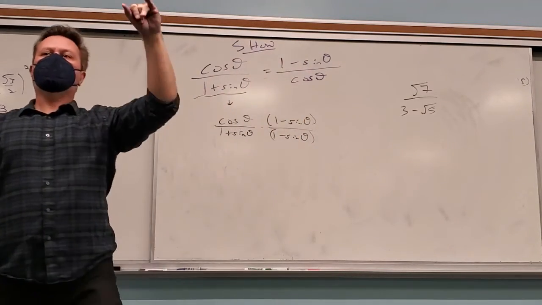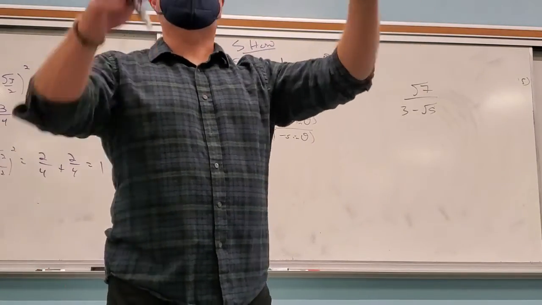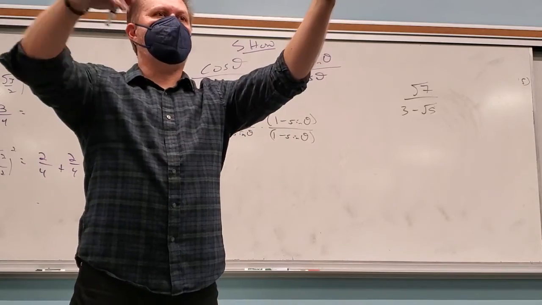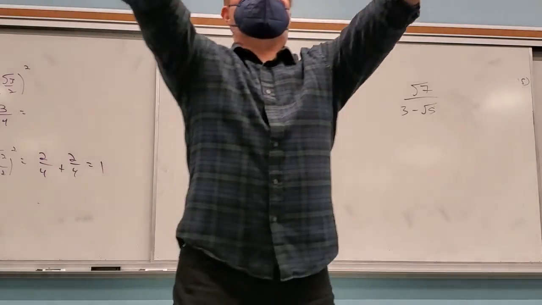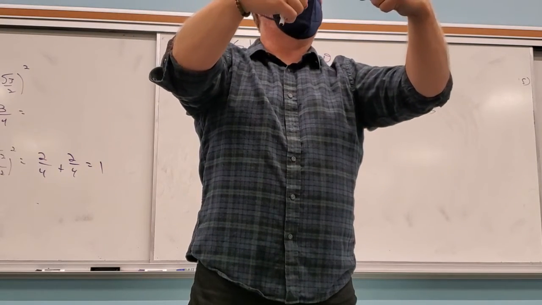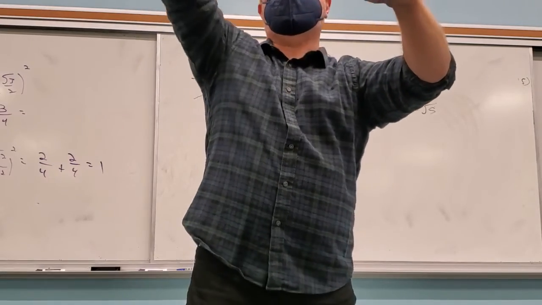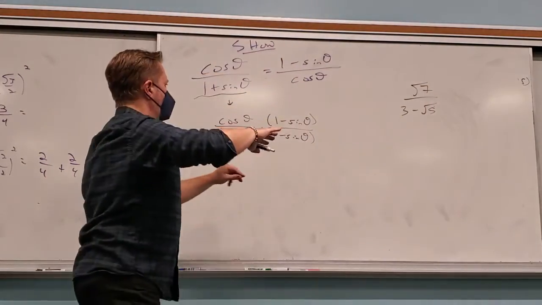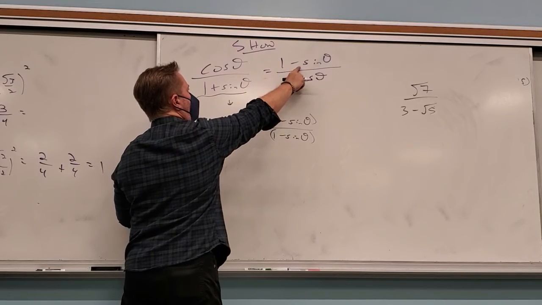So the whole point of verify identity problems is to start with one side and make it look like the other side. Now you could actually work with both sides and hope they meet somewhere in the middle. You've got to have a chain going from one side to the other side, right? Let's see what this does for me. There's two reasons I'm doing this. One is because it's there.